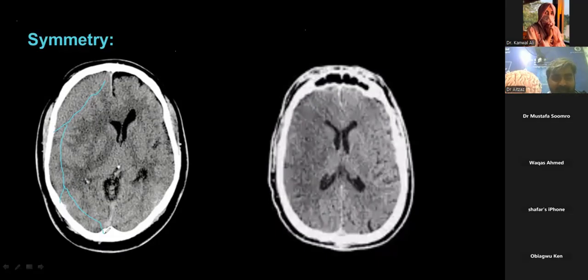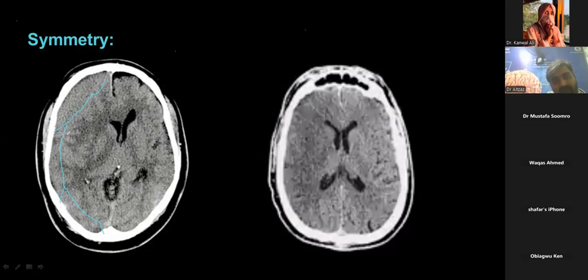A single cut is not confirmatory. This is why we are saying it could be there, because you can see there is effacement of sulci and asymmetry. The density is the same throughout, and there is a haziness over there.